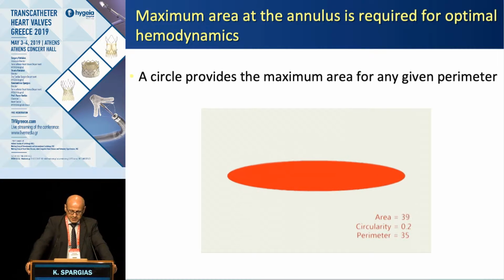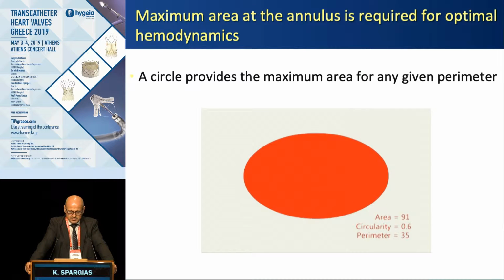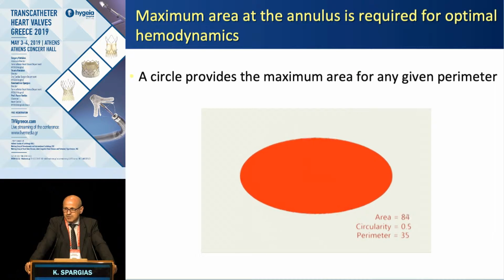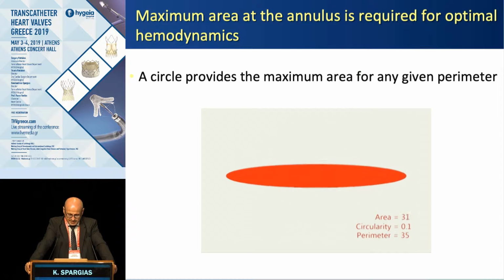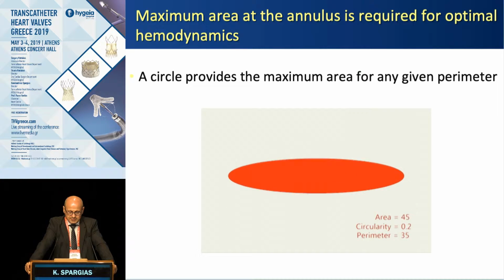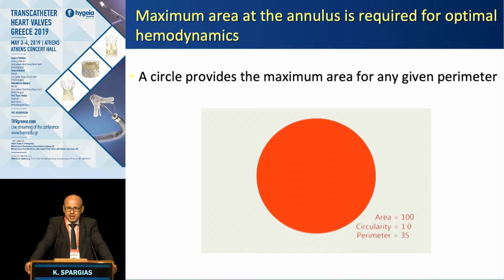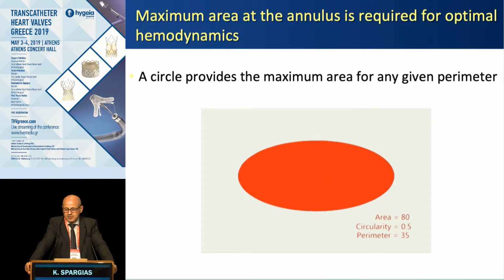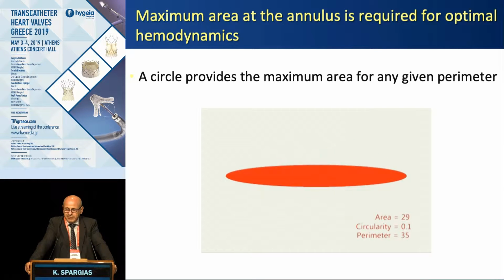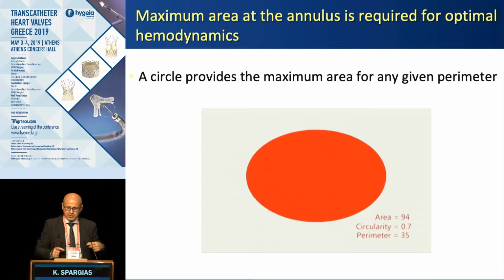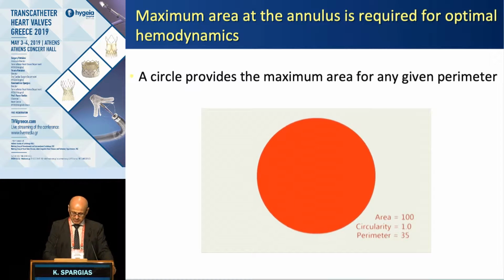The maximum area of the annulus is always something that we're looking for, because the larger the annulus, the larger the benefit. And among different shapes, the circle always gives you the larger area when it moves from oval to circle while retaining the same perimeter.